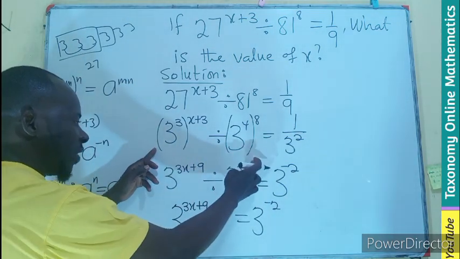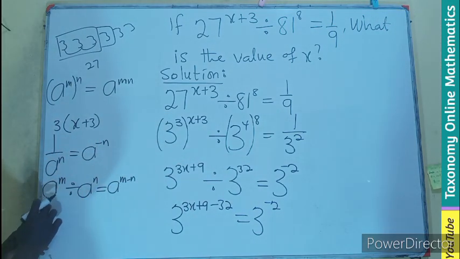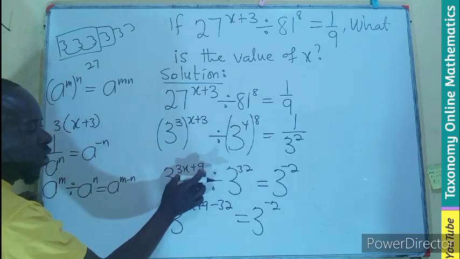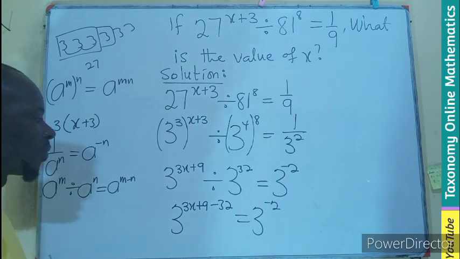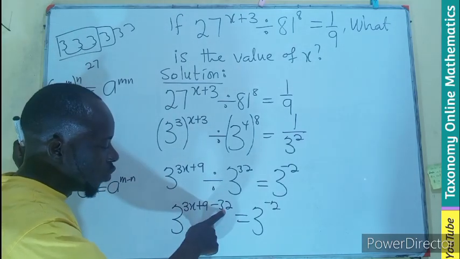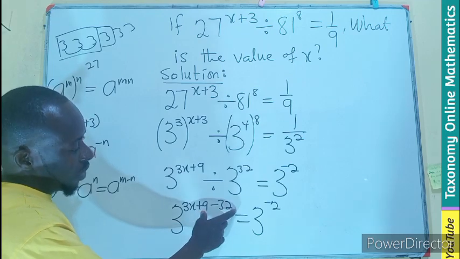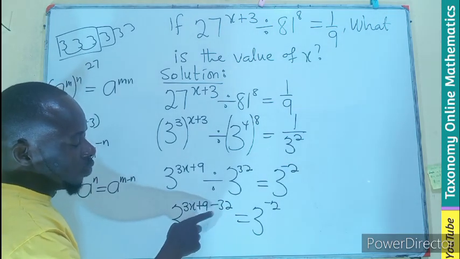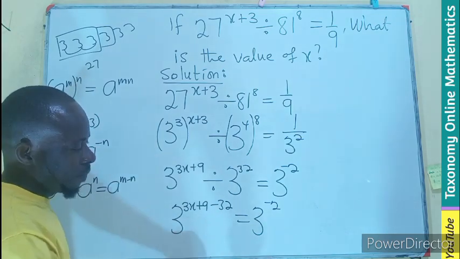I guess this is dealing with the division law. As you divide numbers of the same base, you subtract their exponent, and this is a binomial term. So put it there and subtract the other term from it. So this is going to be 9 minus 32 to get a negative answer. That's going to be minus 23.